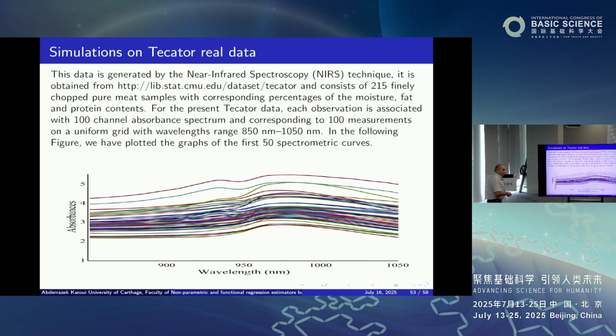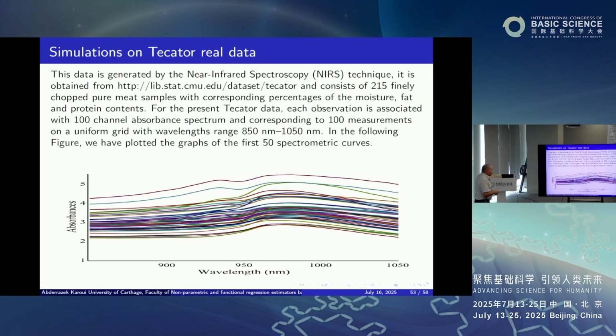Well, now this is in practice. These are numerical simulations on real data, Tecator real data. What is Tecator real data? It is generated by the near infrared spectroscopy technique.